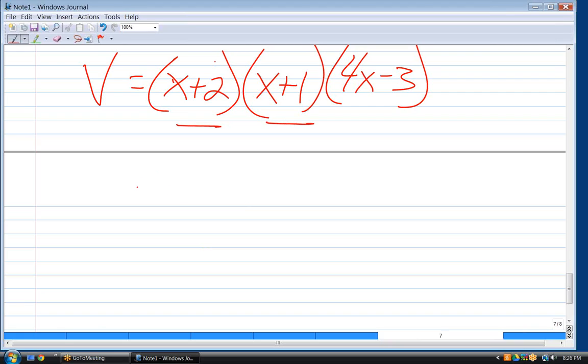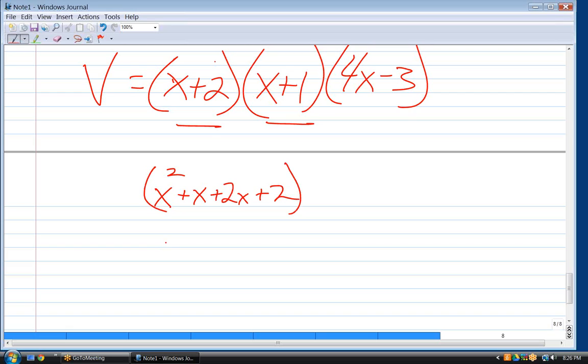So that'd be x times x is x squared. And then x times 1 is x. And then it would be 2 times x, it's 2x. And then 2 times 1 is 2. And let's simplify that.